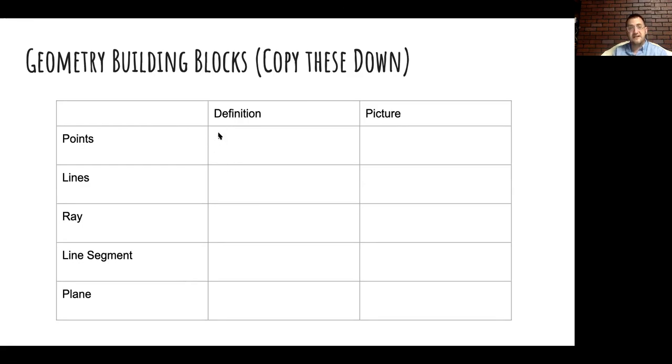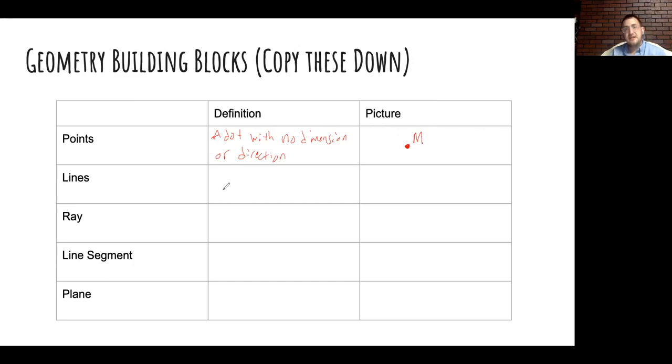A point is a dot with no dimension or direction. And we just name it with one letter. So maybe I'll call this M. And that would be your picture.